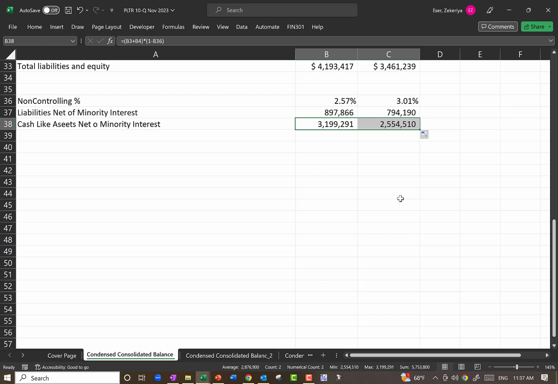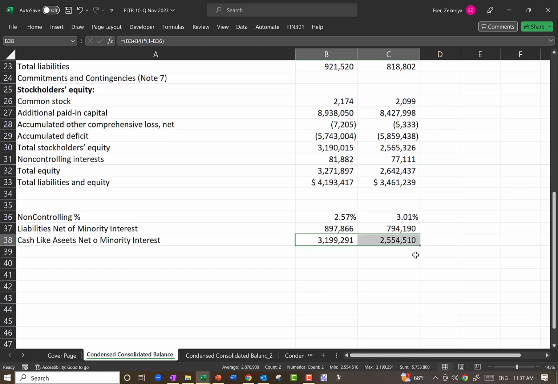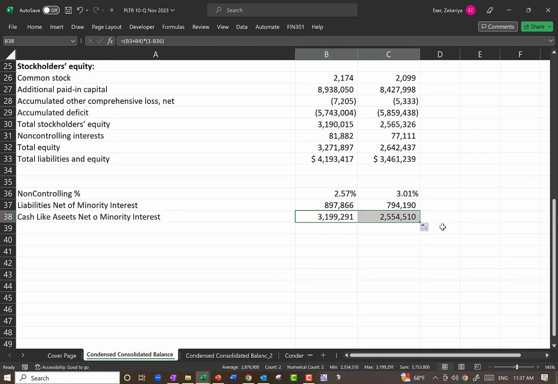They still have about $650 million increase in cash, and that's typically a healthy sign for the firm if their cash is increasing, especially if that is increasing because they're not borrowing more.